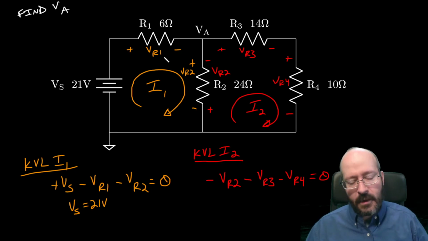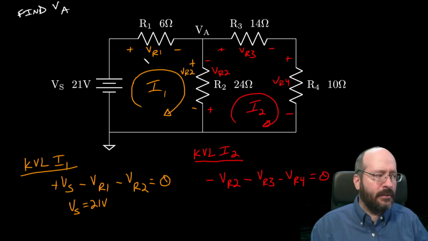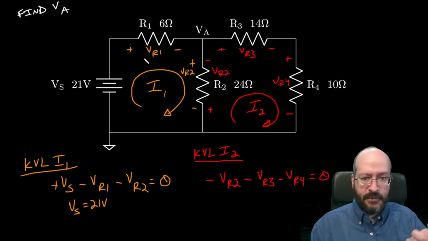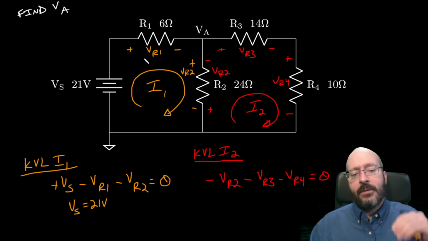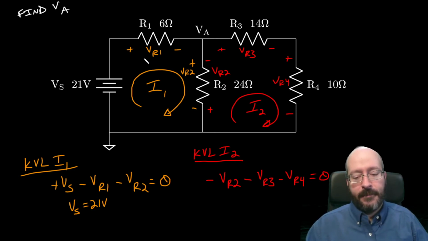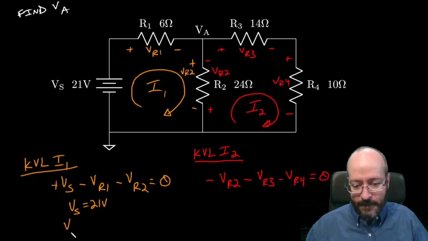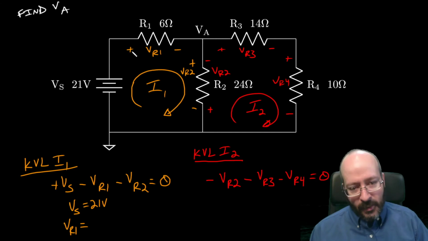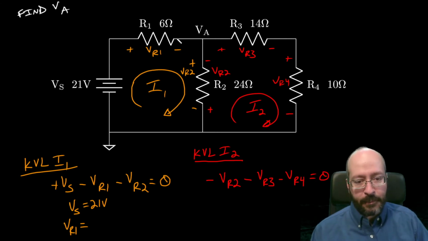Okay, VR1. Think back. I think it was just the directly previous video. How do we find that voltage based on the mesh currents? VR1 is equal to, according to that plus and minus, the positive current direction is going to be left to right. Then we multiply it by the resistance.